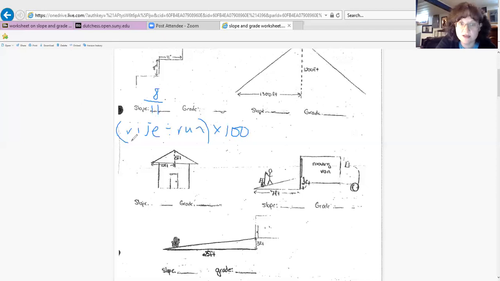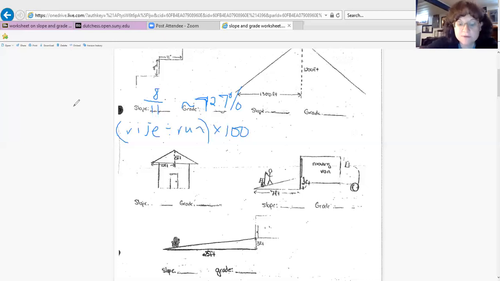So what we're going to write here is 72.7%. Now we rounded that, so I'm going to put the approximately symbol in front. So I know that it's approximately 72.7%. That's the steepness of that staircase.